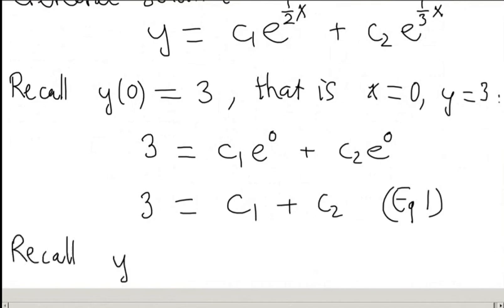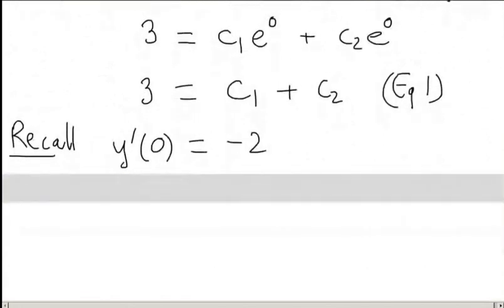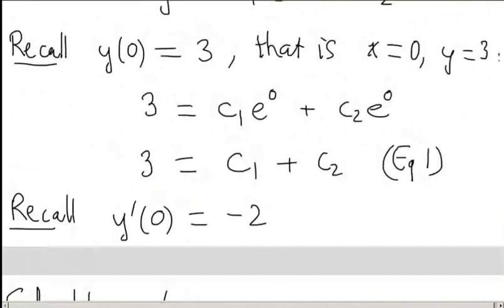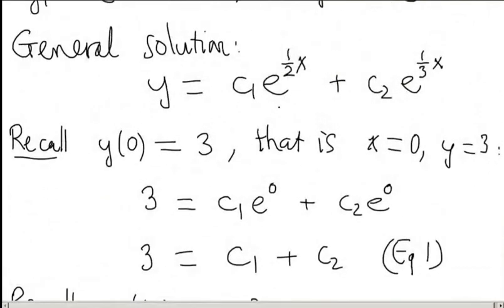Now, the second initial condition is y prime at 0 equal to -2. Meaning that when x equals 0, y prime equal to -2. So in order to use this, we need to calculate y prime from the general solution right here.